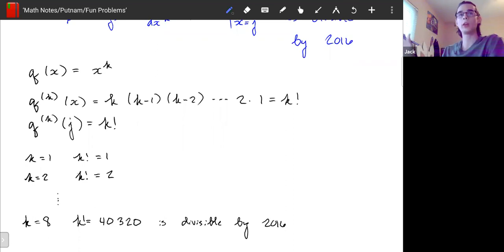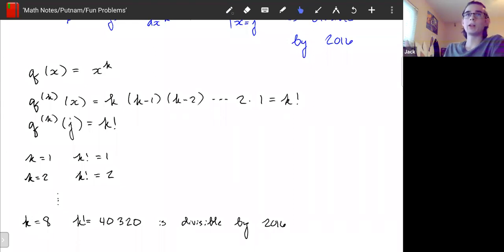And this is the first instance of it. So for k equals 1 all the way up to k equals 7, the k factorial is not divisible by 2016. So k equals 8 is the smallest positive integer such that k factorial is divisible by 2016.